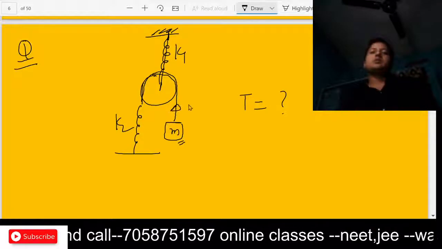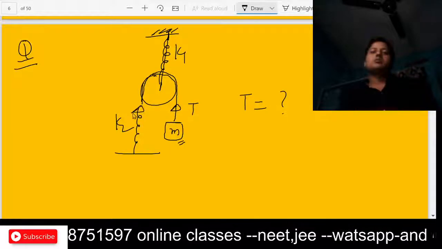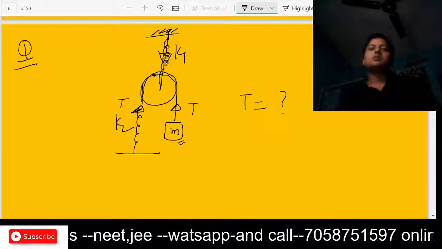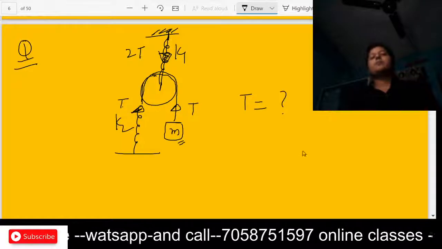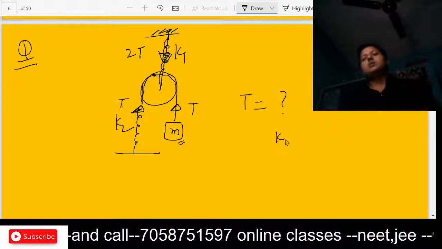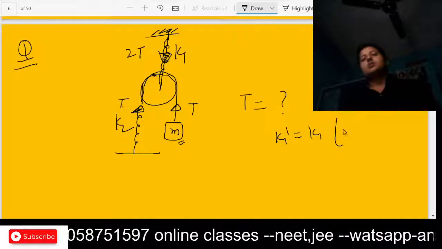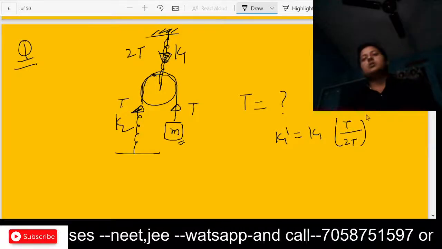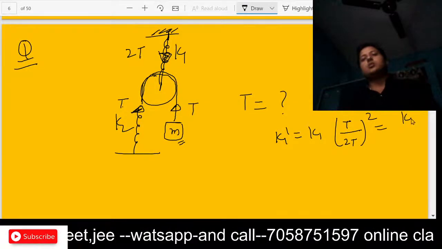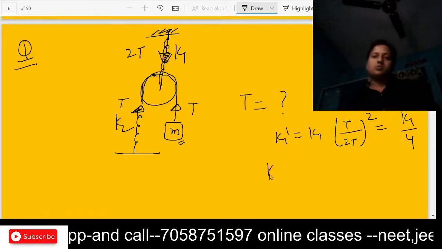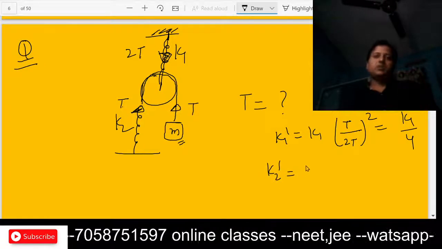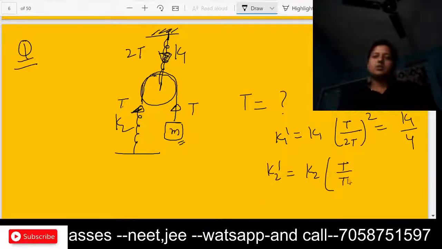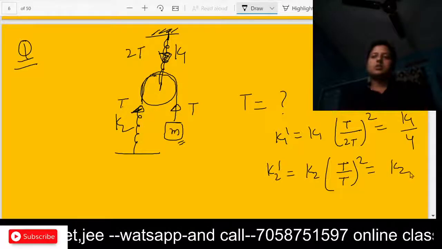Suppose tension in mass is T, so this spring also will have tension T, and to balance it, this spring has tension 2T. So what is k1 dash here? k1 dash is k1, tension in mass is T, tension in spring 1 is 2T, whole square, that is k1 over 4. What is k2 dash? k2 dash is k2, tension in mass is T, tension in spring is T, whole square, that is k2.